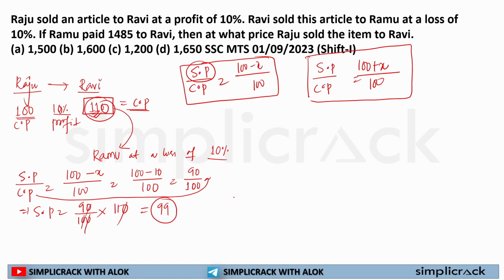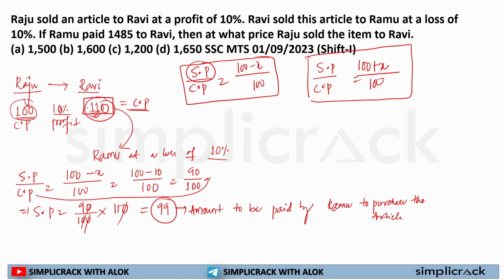So 99 is the amount to be paid by Ramu to purchase the article. First Raju had it for 100 rupees.